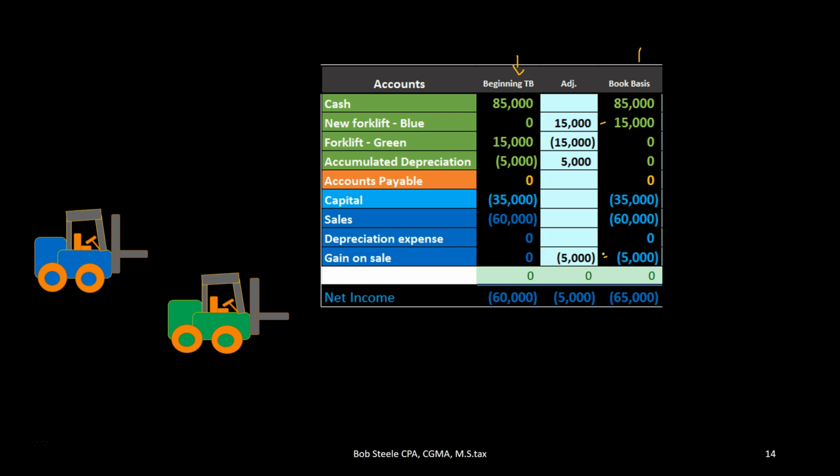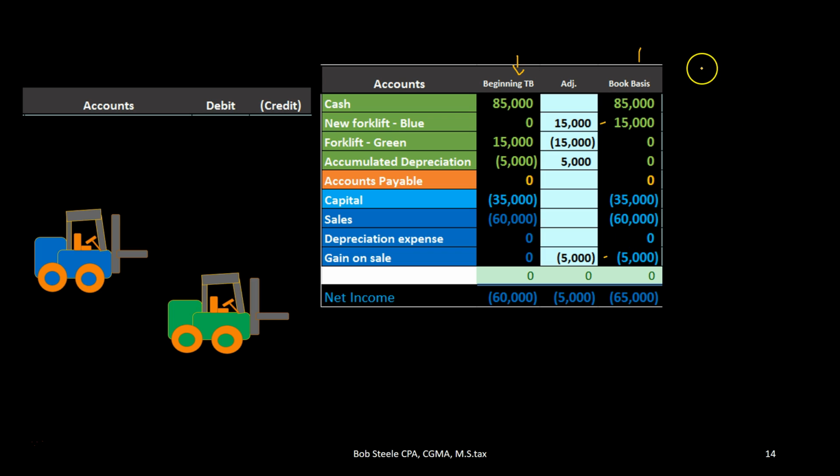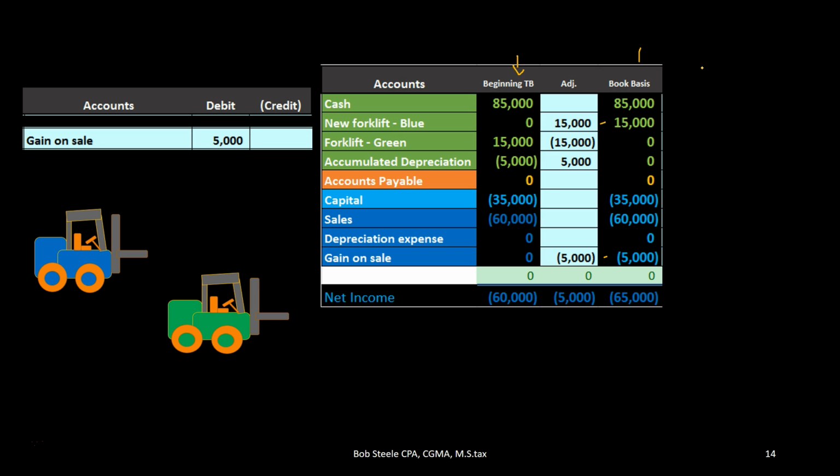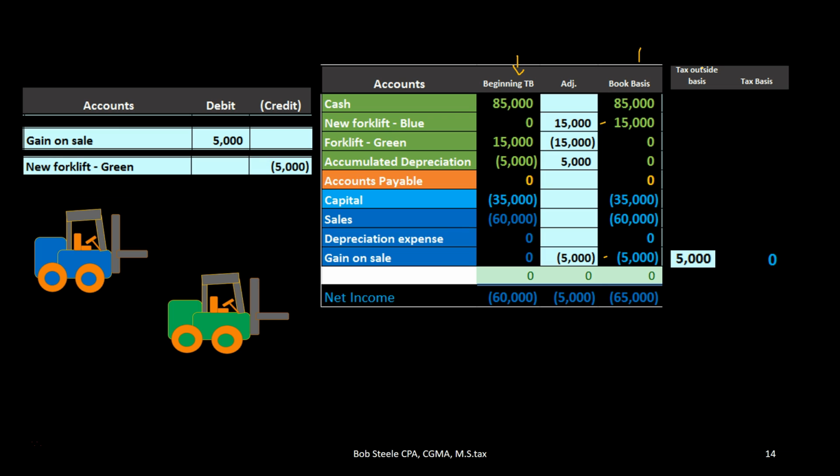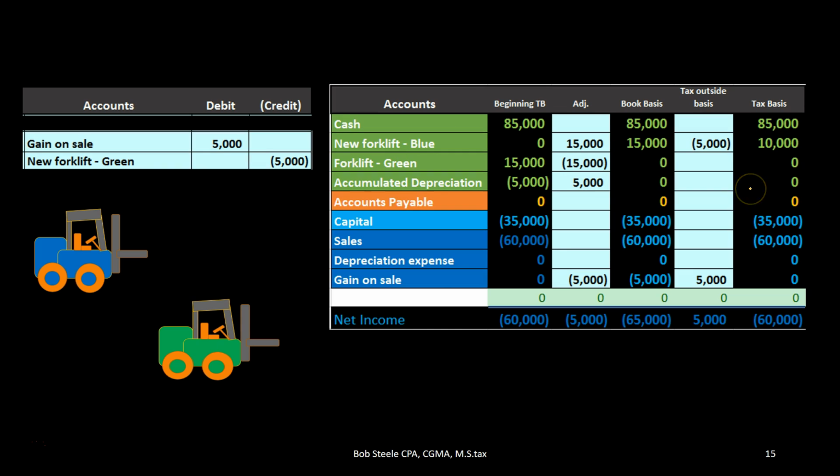So for tax purposes, though, we're going to record another entry over here for the tax side of the transaction, basically eliminating this gain. So we're going to eliminate that gain, bringing it back down to 0, and the other side of the transaction would be reducing the new forklift down to the 10,000. So if we look at that transaction now, here's where we were for the books.